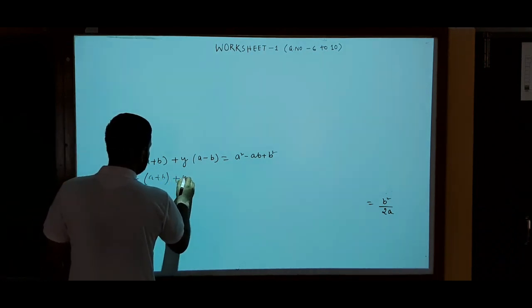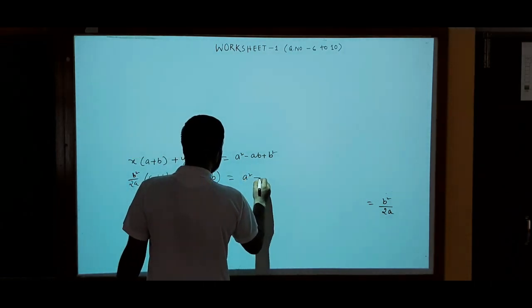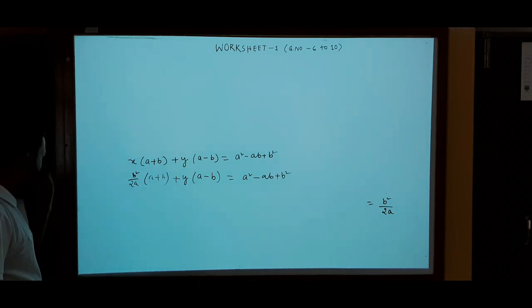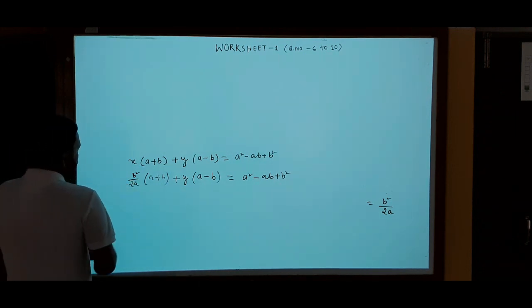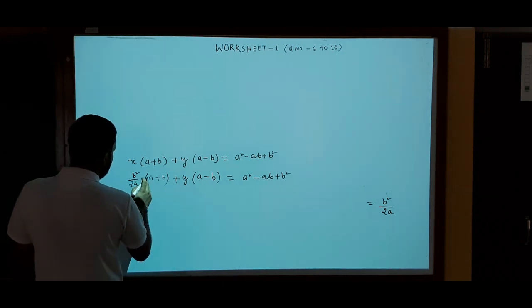Plus y whole into a minus b equal to a square minus ab plus b square. Now, if I multiply this b square upon 2a into a, so a will get cancelled, so I will get b square upon 2.